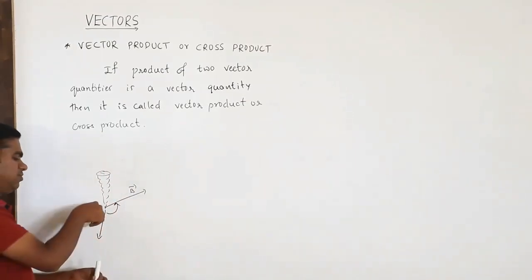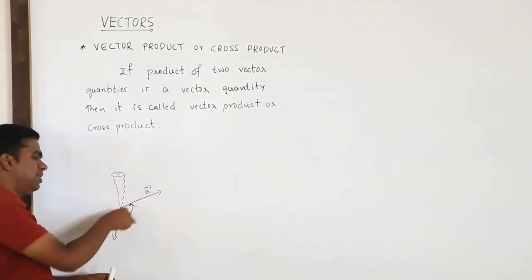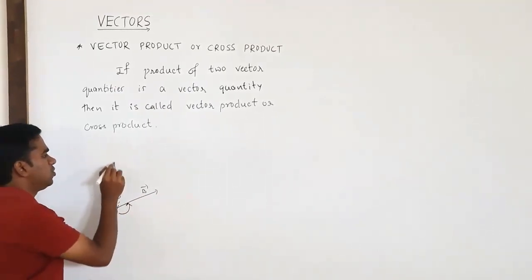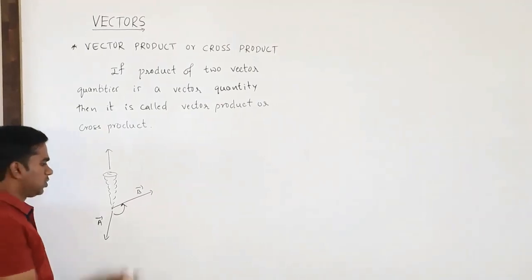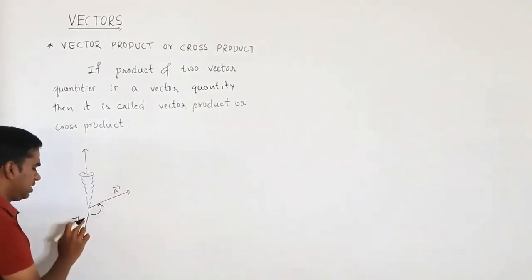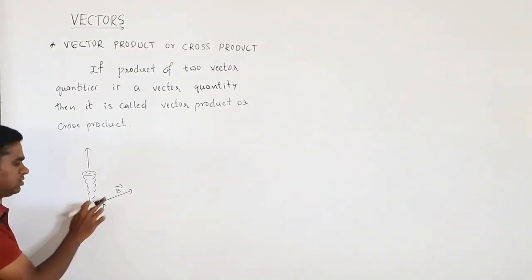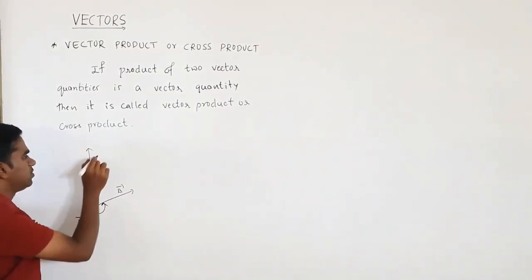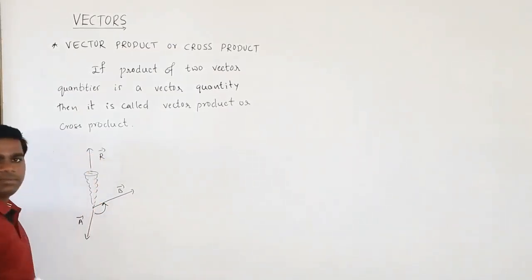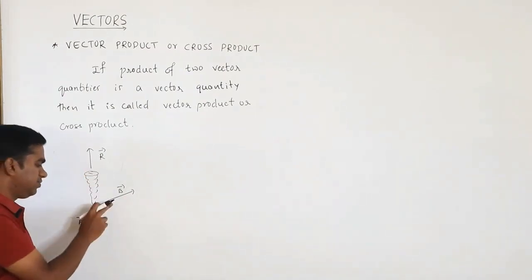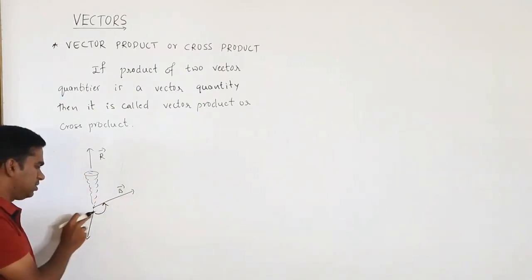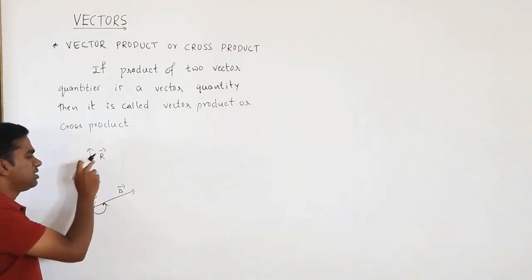So if you rotate from A to B, your screw will move upward. This is the resultant of these two. This is also a vector because it has direction. Why can we call it a vector? Because if we change the direction, this resultant will change.